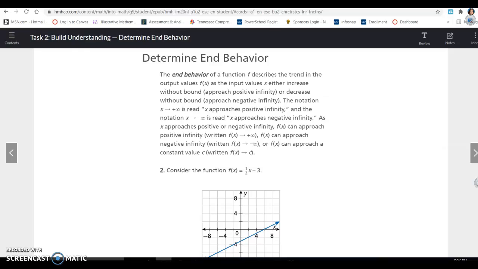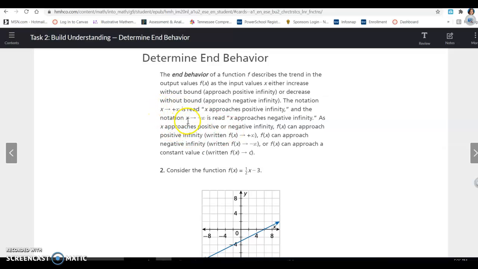The end behavior of a function f describes the trend in the output values f of x as the input value x either increases without bound or decreases without bound. The notation x with the arrow to positive infinity is read x approaches positive infinity. You'll hear me say this a lot, as x approaches positive infinity, and I'll write it just like this.